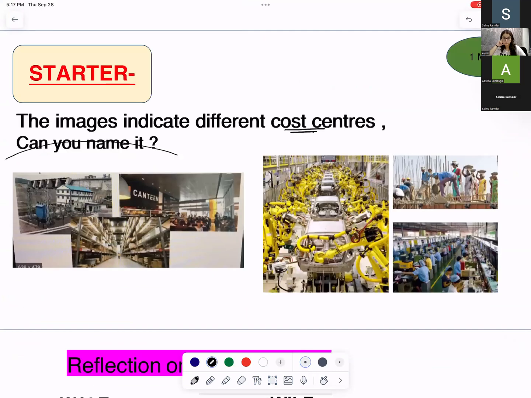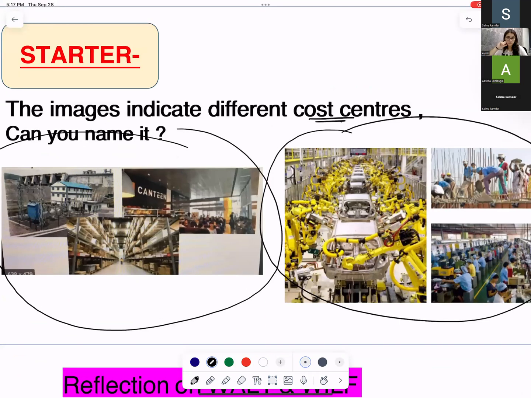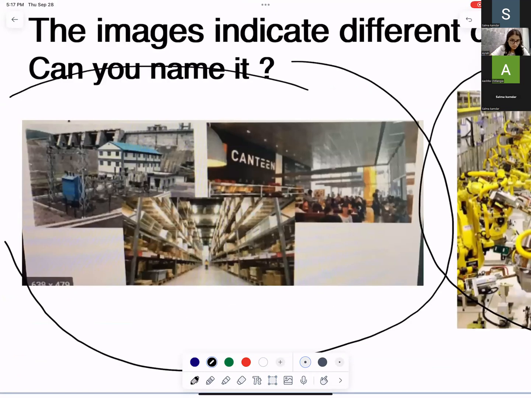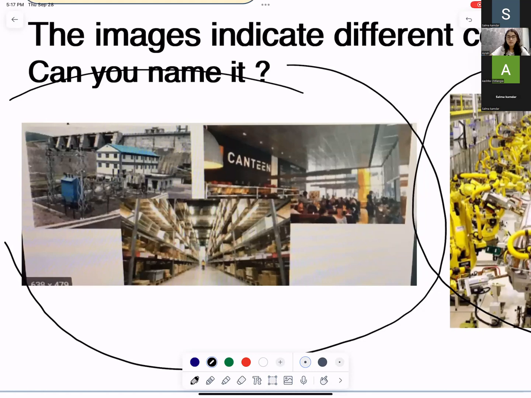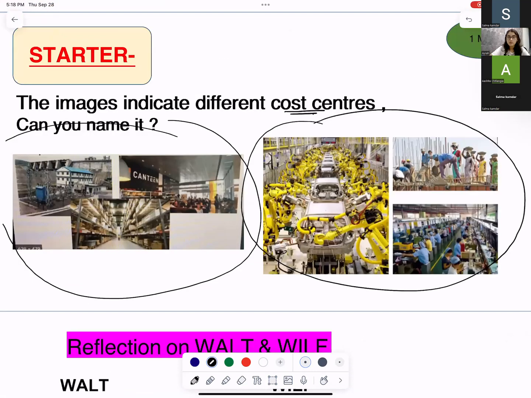There are some images given in front of you. Can you look at these images and tell me what you can see? This image is basically a warehouse type of thing. The first one is a warehouse, and this is where you keep all the finished goods.